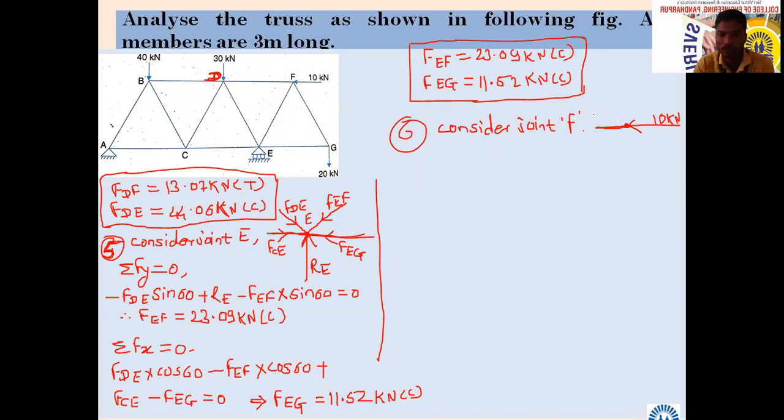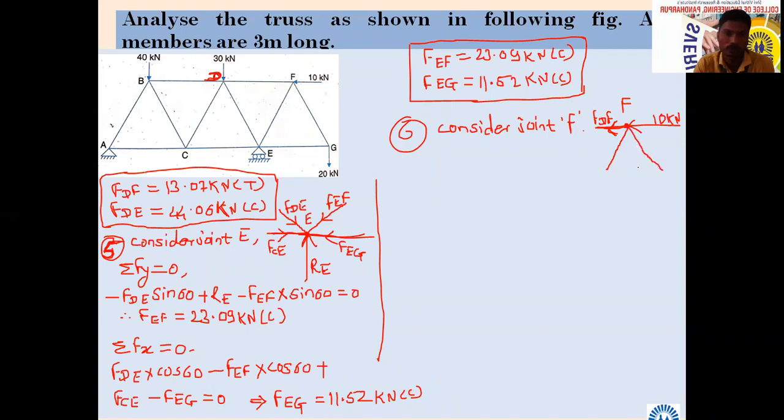What is force DF? Tensile. Is it tensile? Yes, sir. Okay.